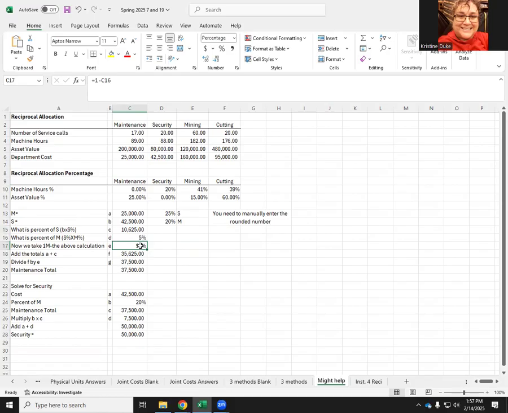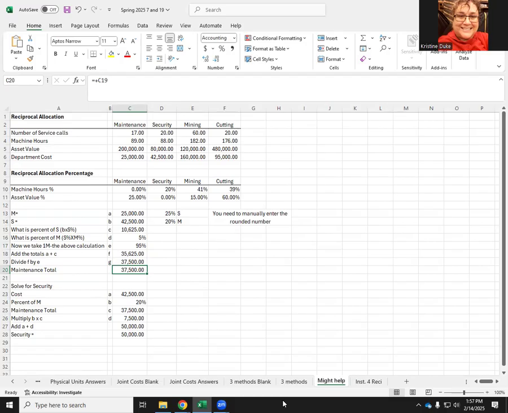Now I'm coming up in here and I'm taking this, my one whole of machine minus the 5% of the machine. Okay, and then I'm adding this 10,625 to this 25,000 here. You can see I'm telling you what I'm adding. And then I'm dividing this by 95%. I get that amount. So that's going to be the amount that my maintenance totals. And then I fill it in over here and we're done.